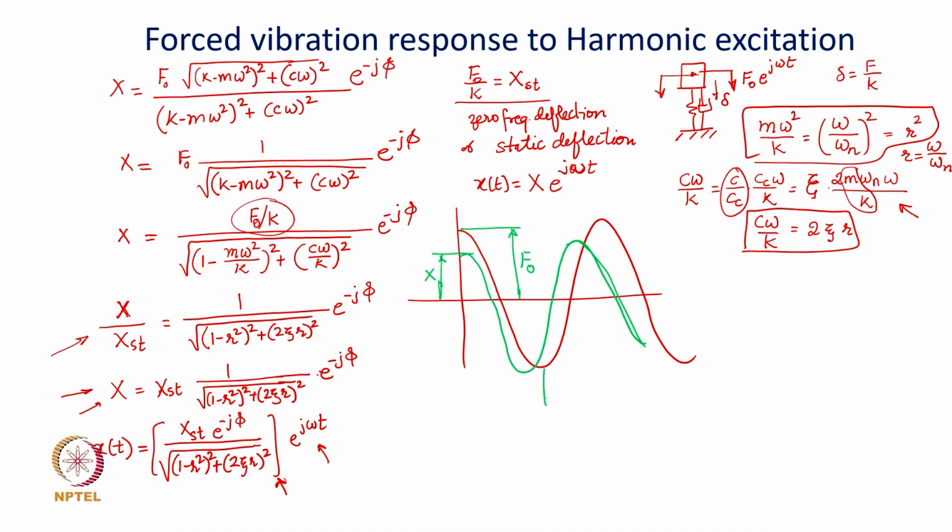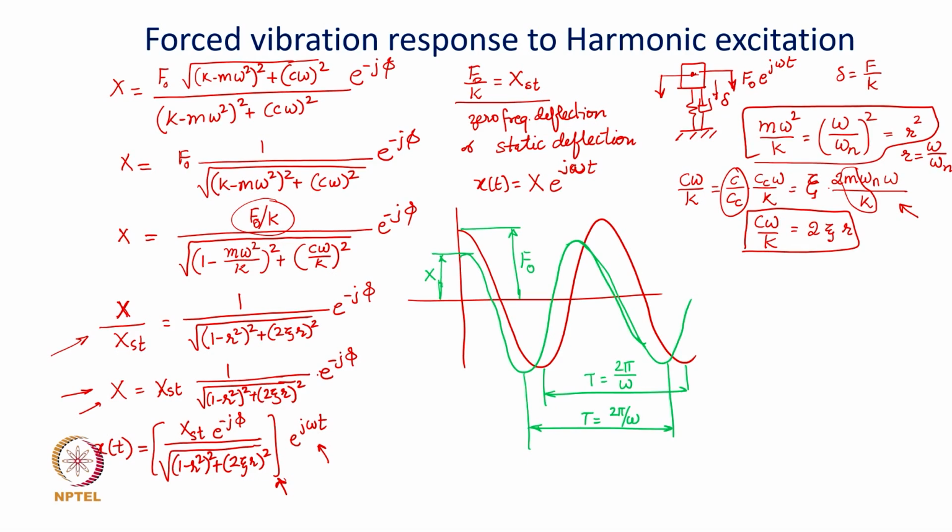The time period of the forcing function capital T is 2 pi over omega, and for the response, if this response goes up like that, then this response will also have a time period capital T, which is going to be 2 pi over omega.